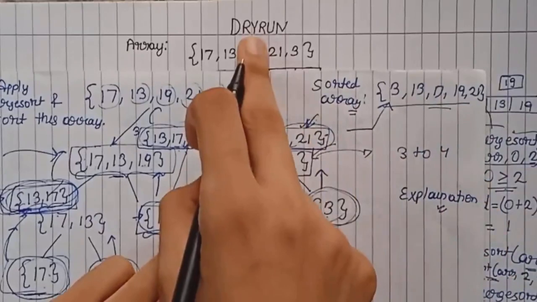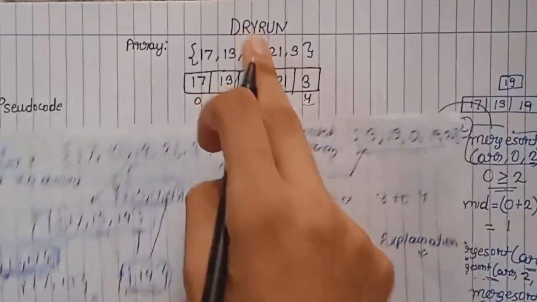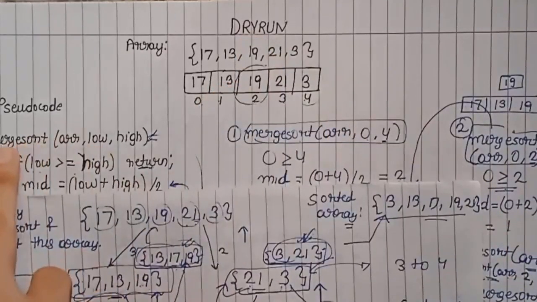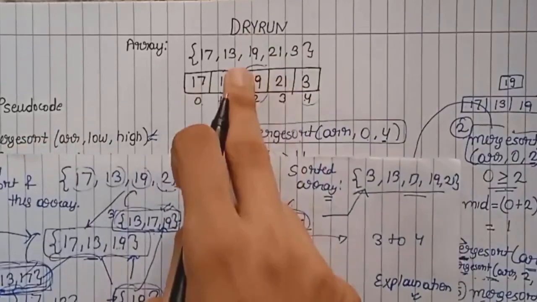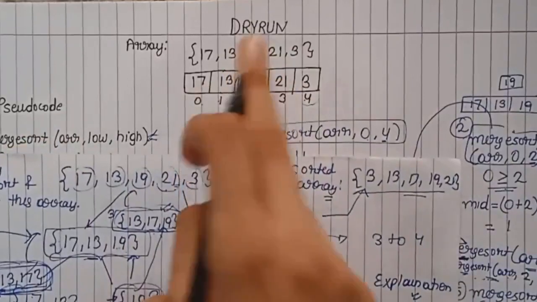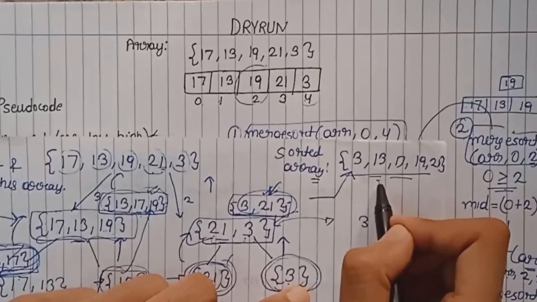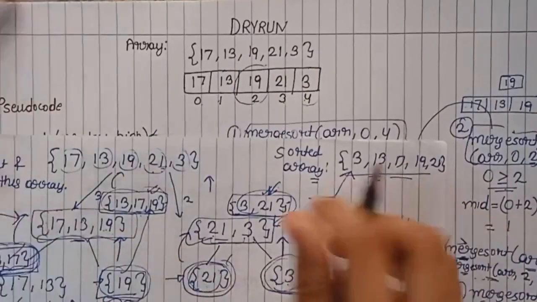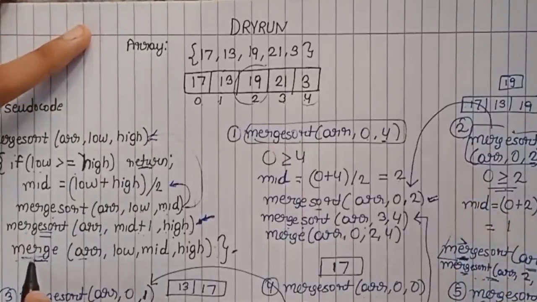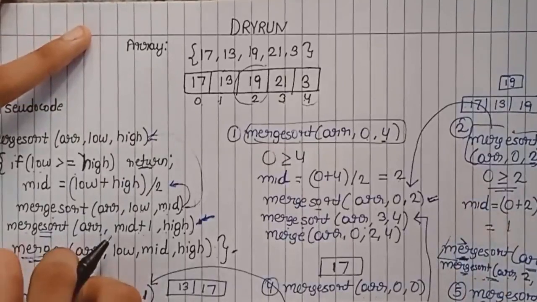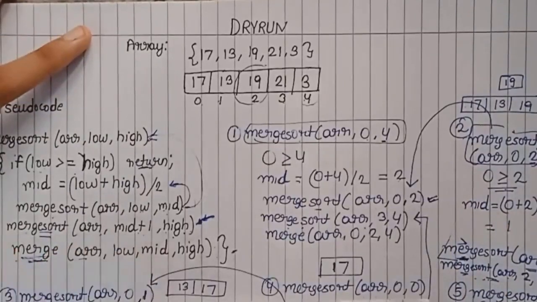Here with the help of the dry run, we have seen how with the help of the merge sort function, this array can be transformed into this sorted array. So now let us see the code for this merge function, how this merge function was merging two sorted arrays to form a single sorted array.